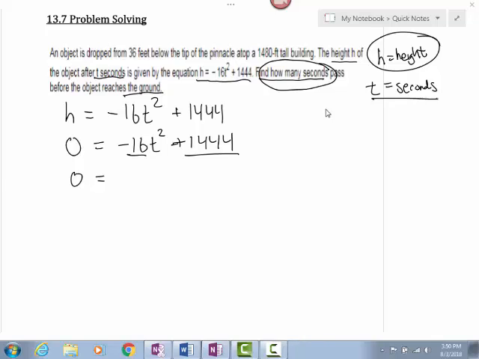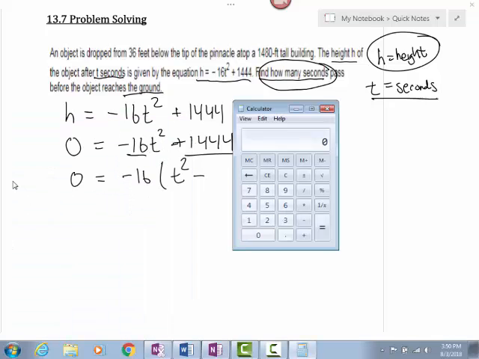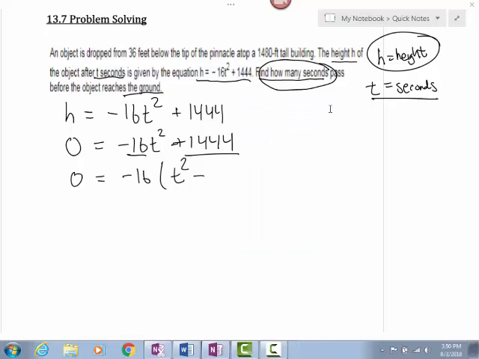So if I take out a negative 16, now this is going to be a t squared. That's going to be minus, I already forgot what my number was, so 1,444 divided by 16, 90.25. Okay, minus 90.25.